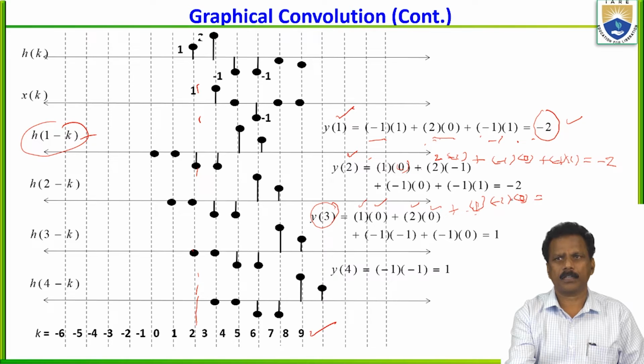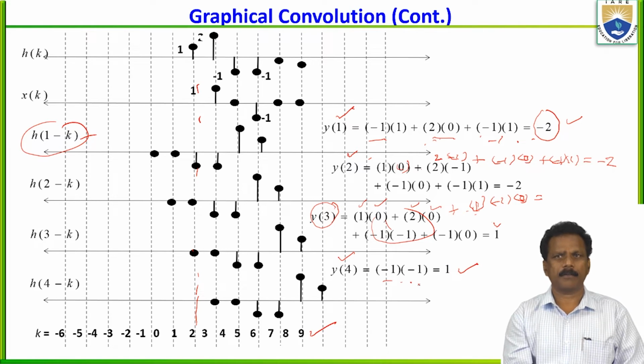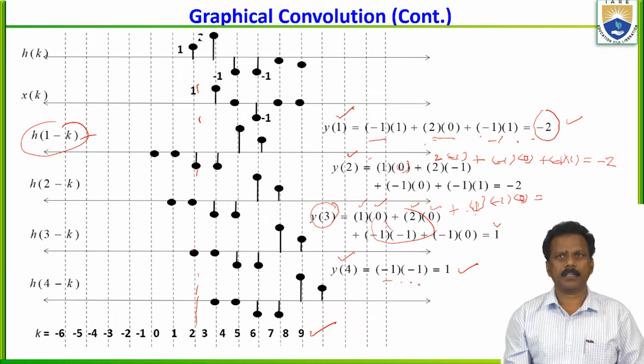After using all this simplification, we verify that it is equal to 1. Similar case, y of 4 is equal to minus 1 into minus 1, here it is 1. Like this, we will verify how it affects the graphical convolution.